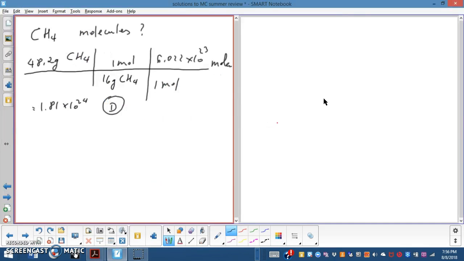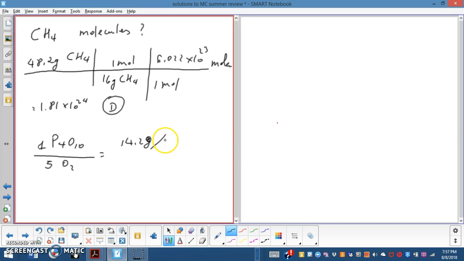So let's do it. 1 mole of P4O10 is produced for every 5 moles of O2. Now you know that you have 14.2 grams, which you got to convert to moles, right?